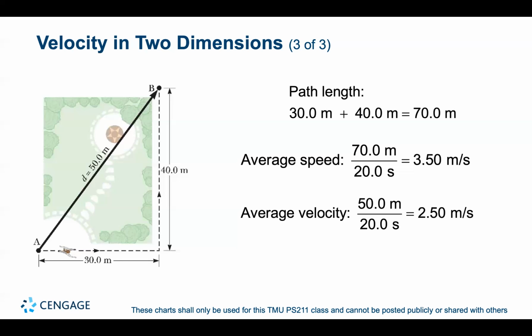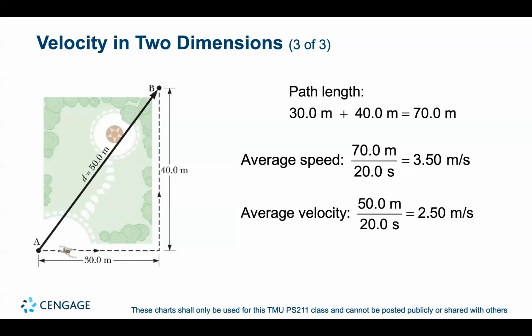The figure shows a woman jogging along a rectangular path of a small green space, going from point A to point B in 20 seconds. The path length is 30 meters plus 40 meters, for a total of 70 meters. So our average speed equals the path length divided by the total time, which is 70 meters divided by 20 seconds, or 3.5 meters per second.